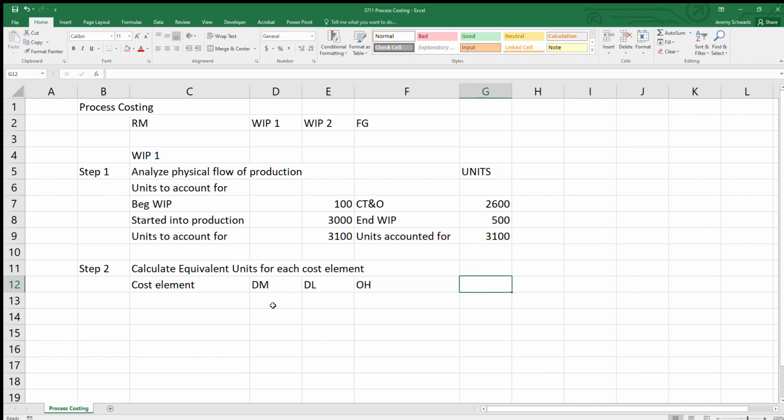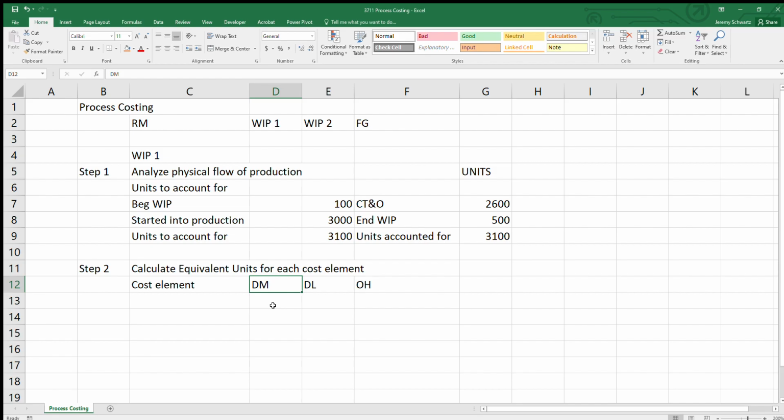Now, there are a number of ways that we could go through the production process here and go through this estimation process as far as what degree of completion or when materials are added into the production process. So sometimes direct materials are added at the beginning of the production process, and for raw material for work in process 1, that might very well be the case.